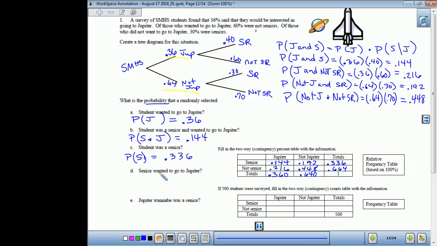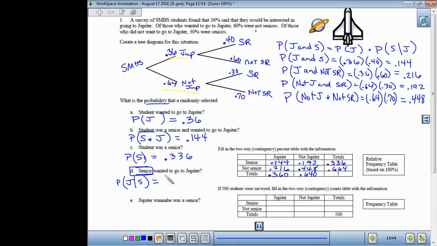Probability that a senior wanted to go to Jupiter. Yeah, we just do that. No, this was a student, was a senior that wanted to go to Jupiter. This one has a condition. This is our condition. So we got to use that formula. So we're going to do the intersection over the condition.